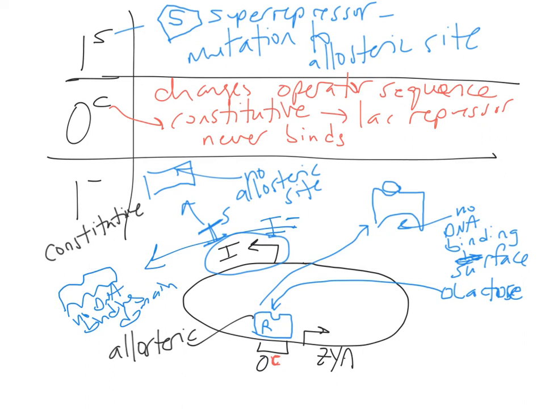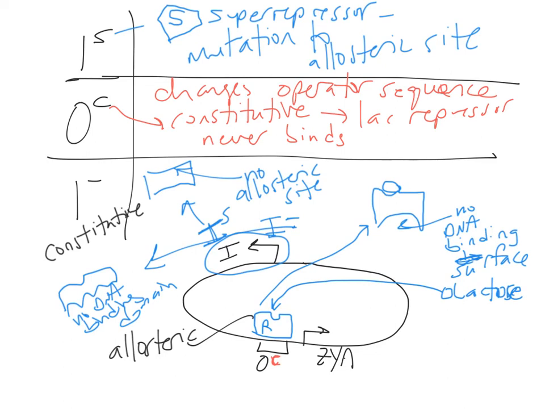Because it's a two-factor system, repression rather. You have to have two things. You have to have the operator, which is the DNA sequence. You have to have the protein, lac repressor. They have to work together. So if you mutate one, the operator, or if you mutate the other one, the repressor, you have the same effect. No binding.